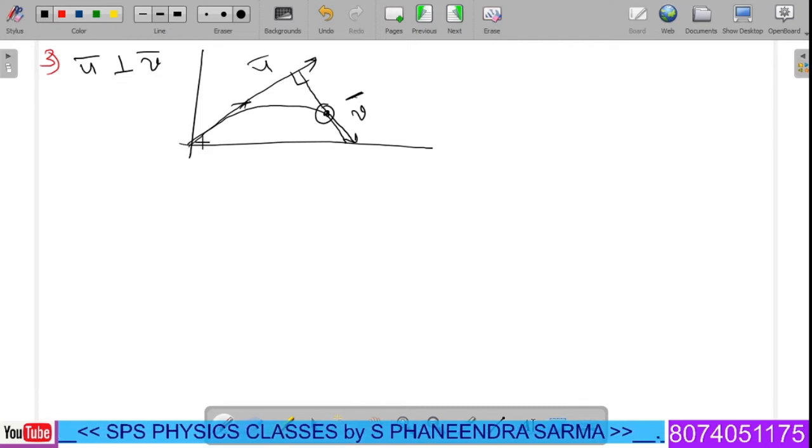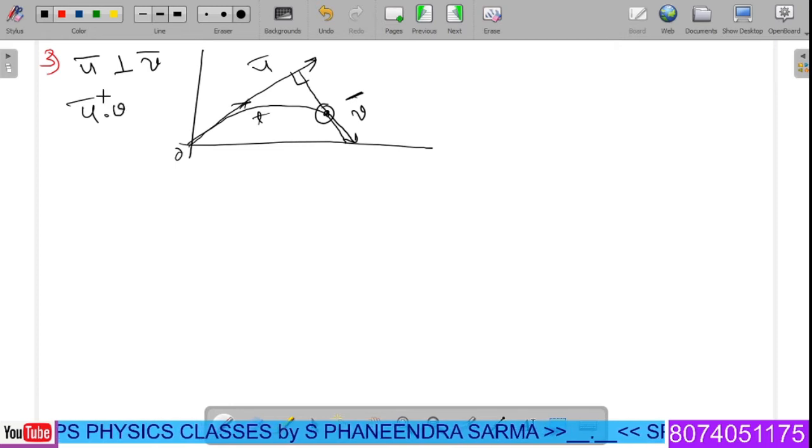Now what is the time of journey from here to here, from 0 to here? Suppose they ask for it. Let us try to find it. Whenever two vectors are perpendicular, their dot product becomes 0. We already know this from the vectors concept.